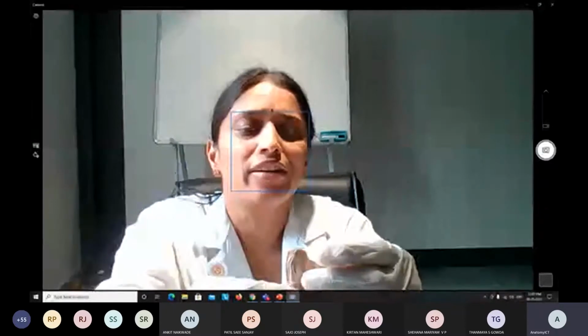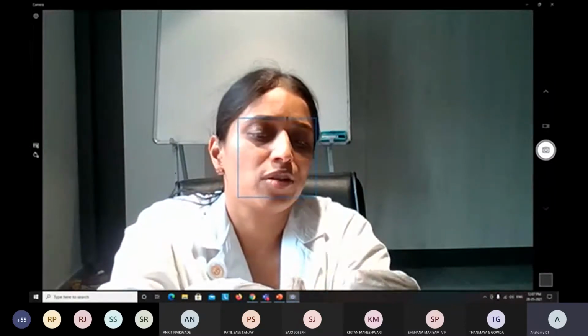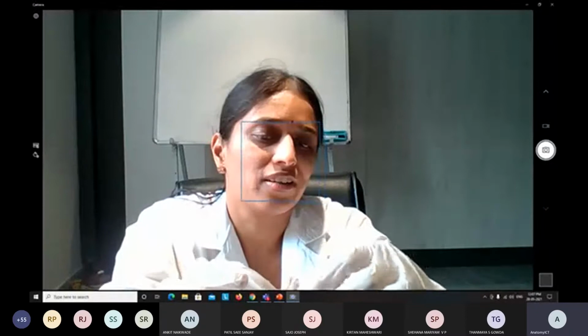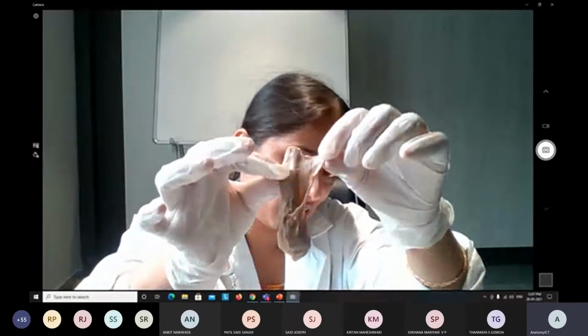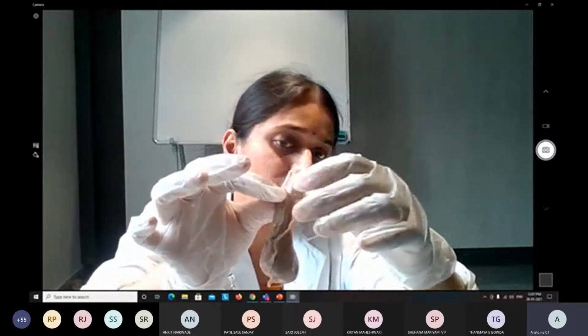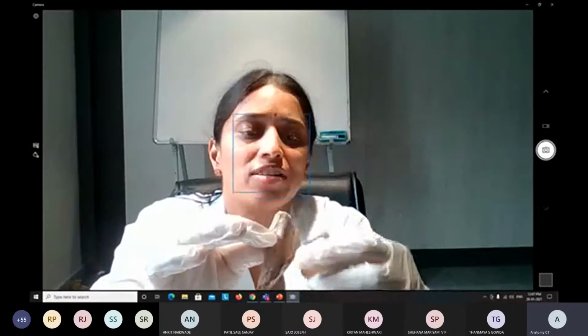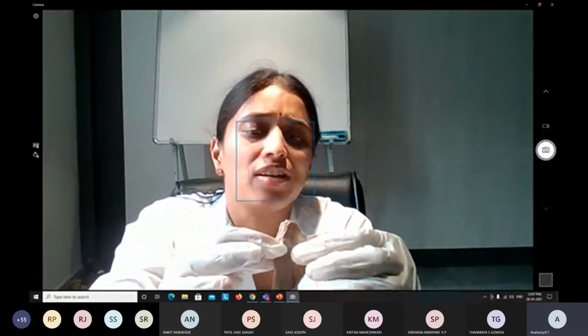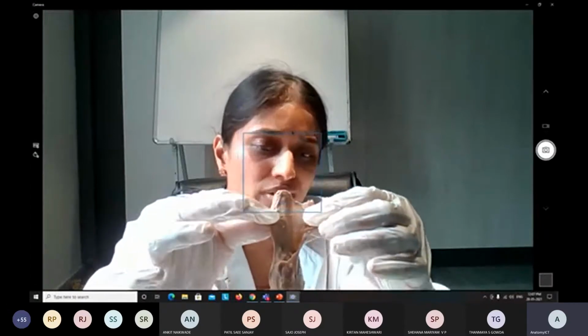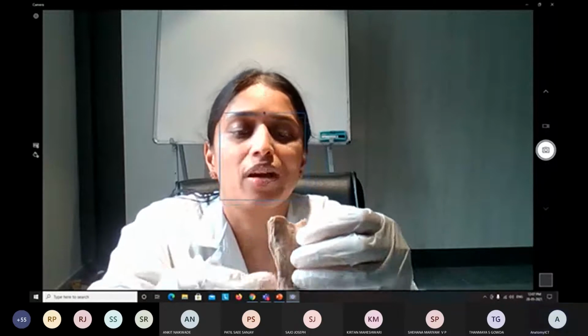Then the internal spermatic fascia is derived from the fascia transversalis. Here, all the 3 coverings will be there.